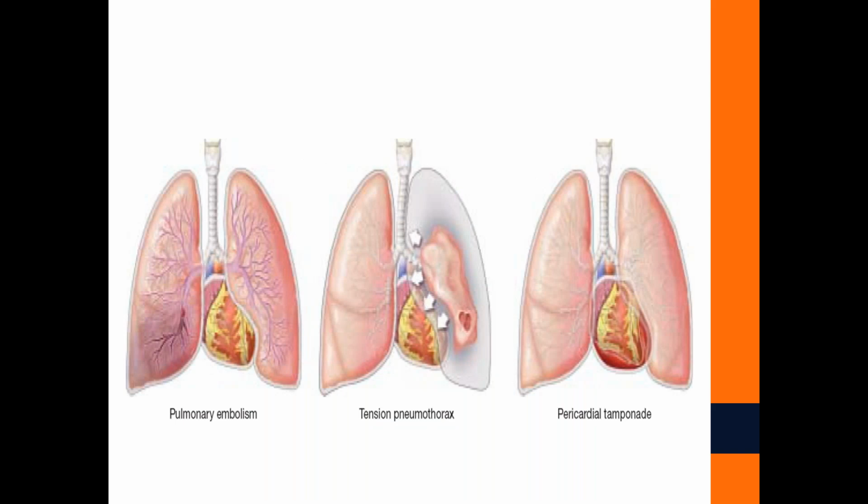So I want to show you guys these pictures of our different kinds of obstructive shock. On the left, we have pulmonary embolism. If you look at our picture here, we have an artery right there that is blocked. It's got an embolus, a blood clot.